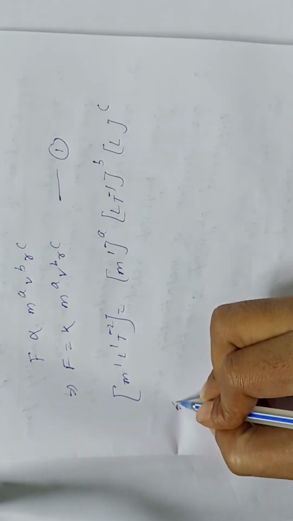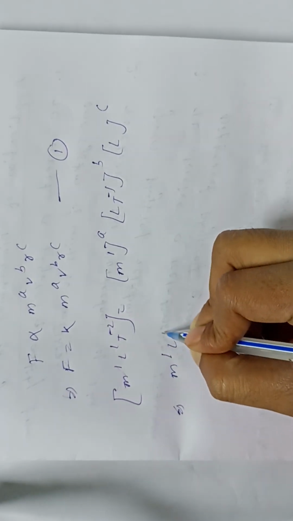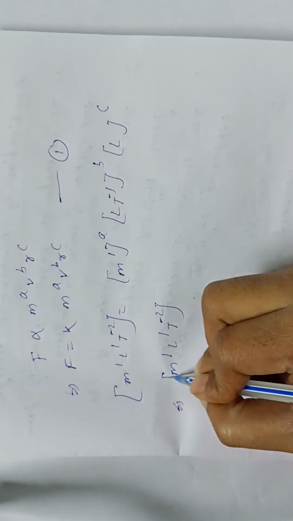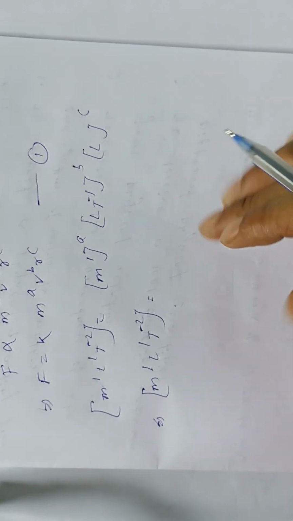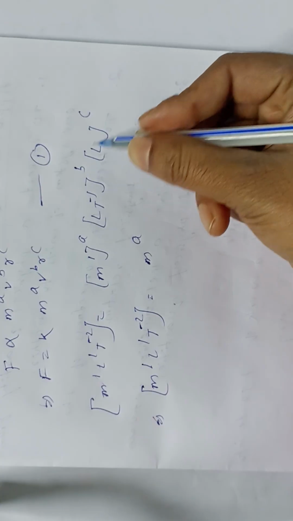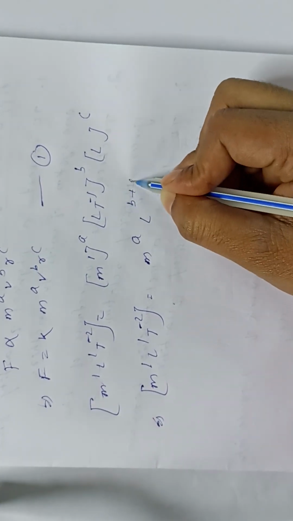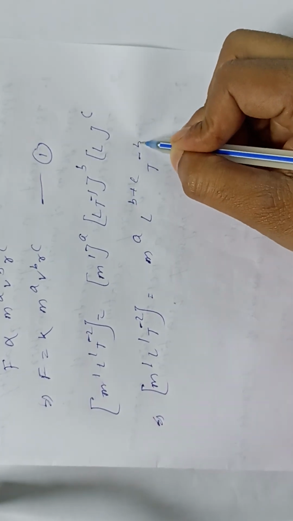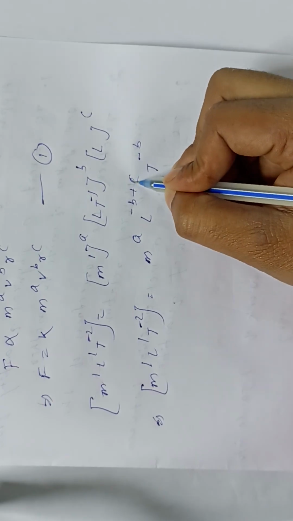So M^1 L^1 T^-2 equals M^a L^(b+c) T^-b.